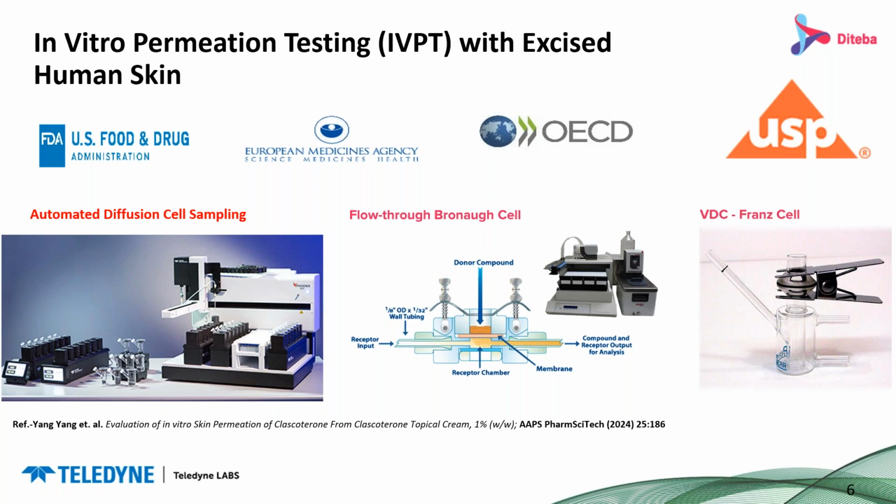Vertical static diffusion cells showed considerable hydrolysis, while flow-through systems significantly reduce degradation. Also, previous experiments across various sites, comparing full volume receptor replacement versus aliquot sampling and automated versus manual systems, highlighted technical challenges that must also be considered.